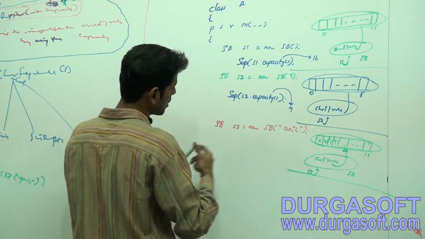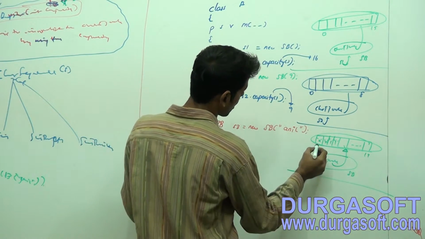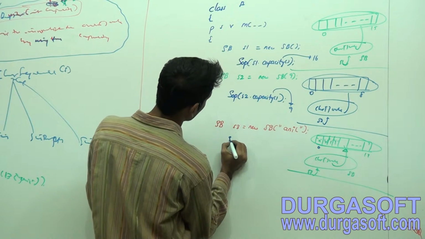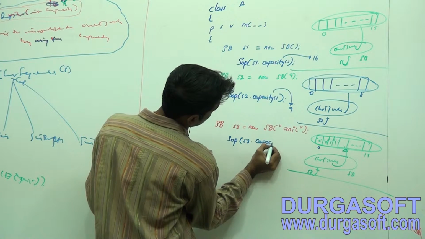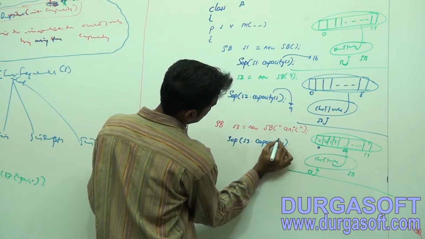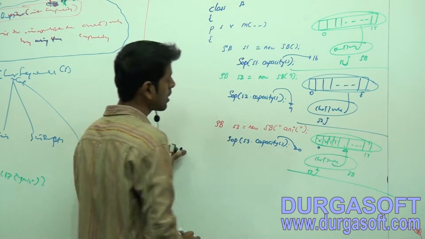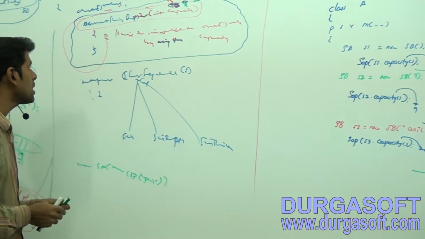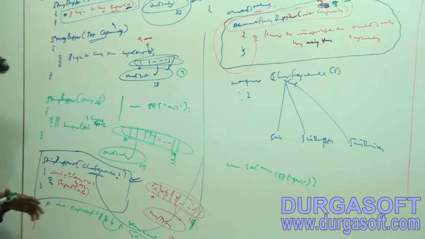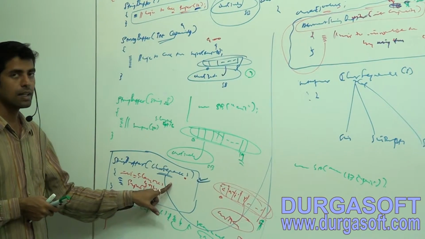Check how many blocks it has, from 0 to 19. SOP of S3.capacity. The output is 20. Now let's understand the constructor having a CharSequence argument.